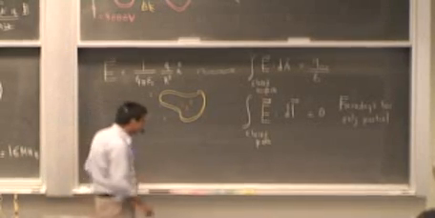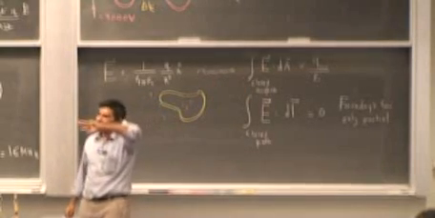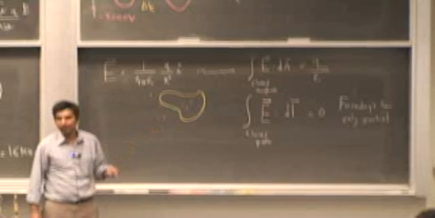So if I would like to write the Gauss's law for magnetism, which is the third Maxwell's equation, we've already seen two.